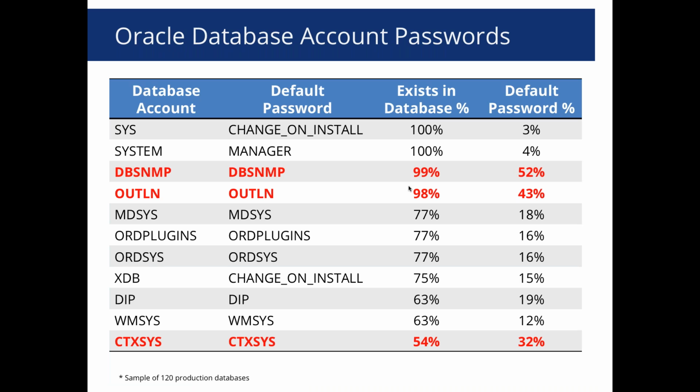Just another slide that shows, currently in the last year, we took from our consulting work here, we looked at 120 client production databases. And what we came up with here, as I'm calling out in red, is these 25 or so accounts. SYS and SYSTEM always exist, but many times what we're finding is these default accounts exist, and they're using a default password.